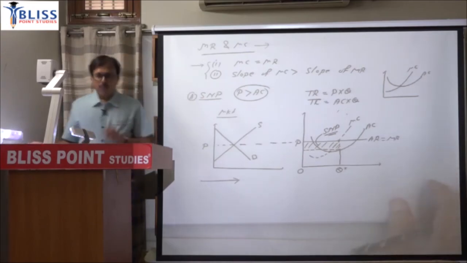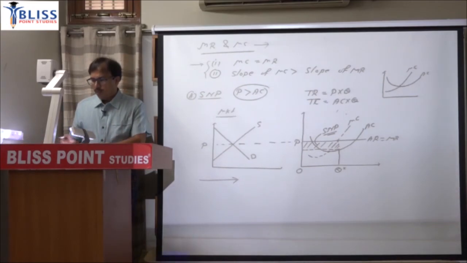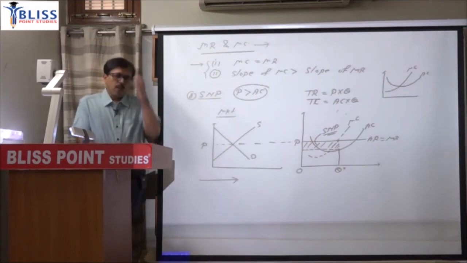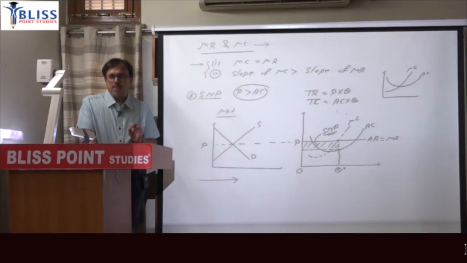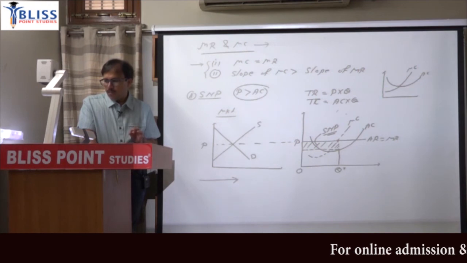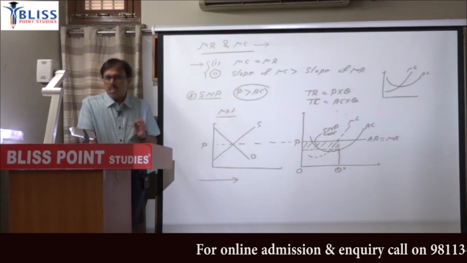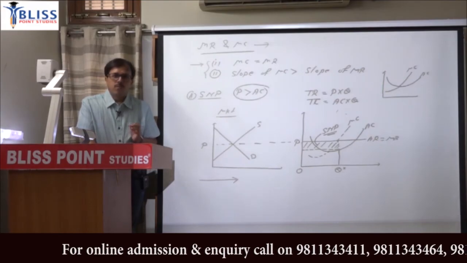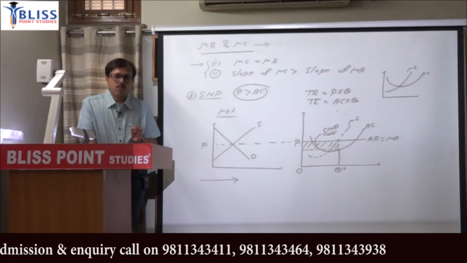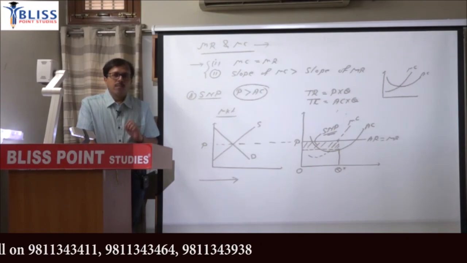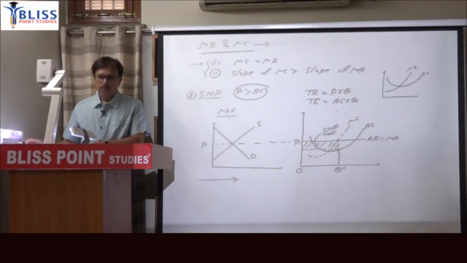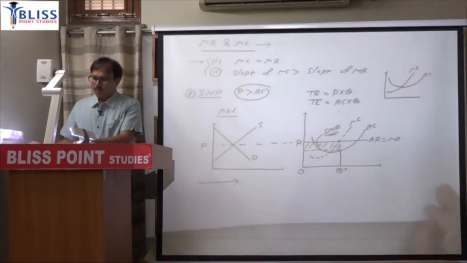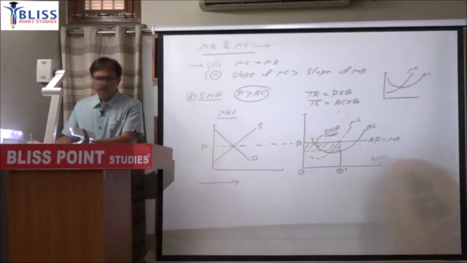At profit maximizing quantity, determined by equality of MC and MR, since price is greater than average cost, so the firm is having supernormal profit. Within brackets you can again mention diagram 1. So this is your first diagram.